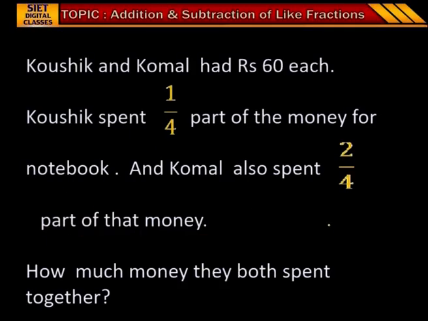Then next, Kaushik and Komal had rupees 60 each. Kaushik spent 1 by 4 part of the money for a notebook and Komal spent 2 by 4 part of that money. How much money did they both spend together? We have 1 by 4 and 2 by 4 from the problem. So these are 2 like fractions having the same denominator, 1 by 4 plus 2 by 4.